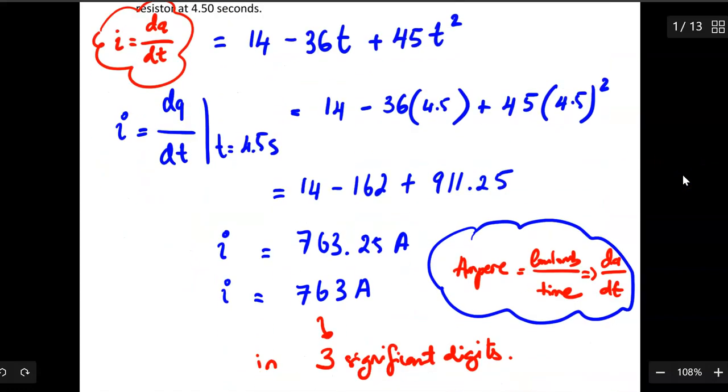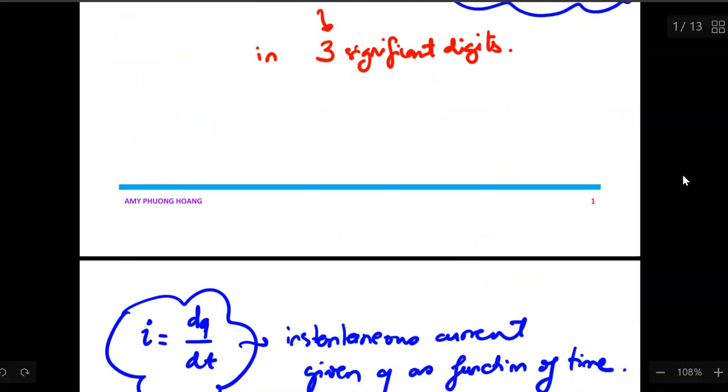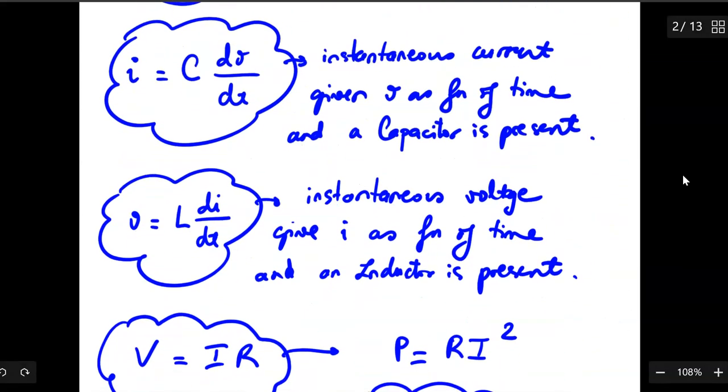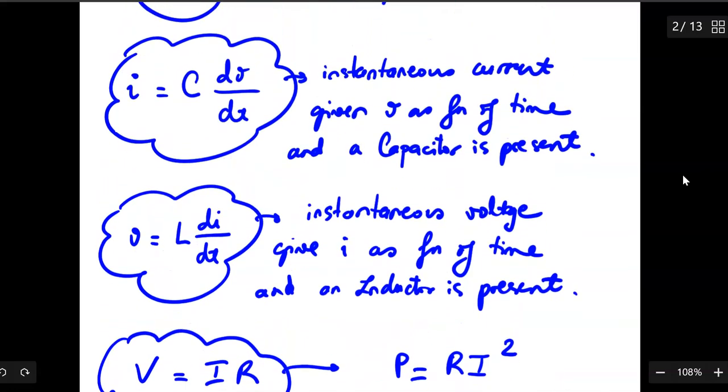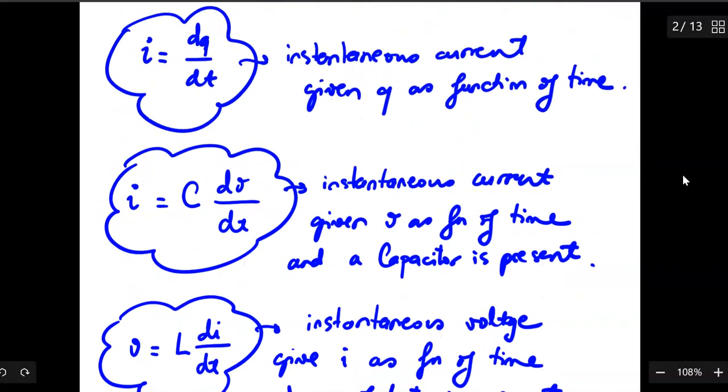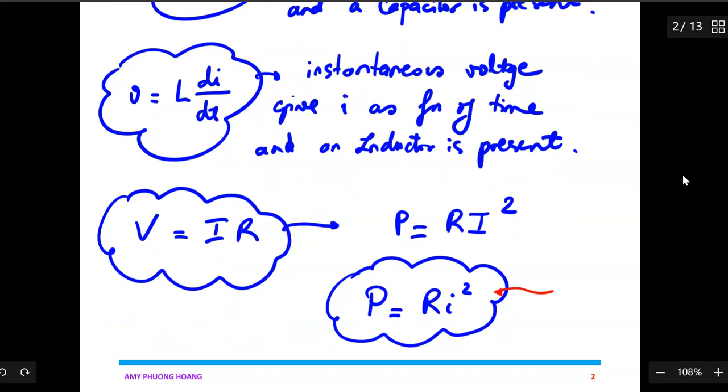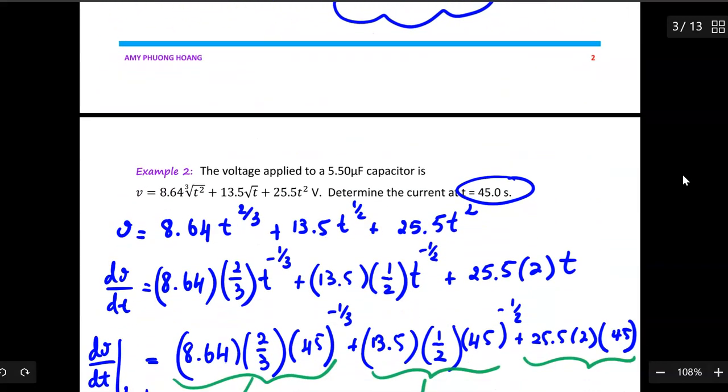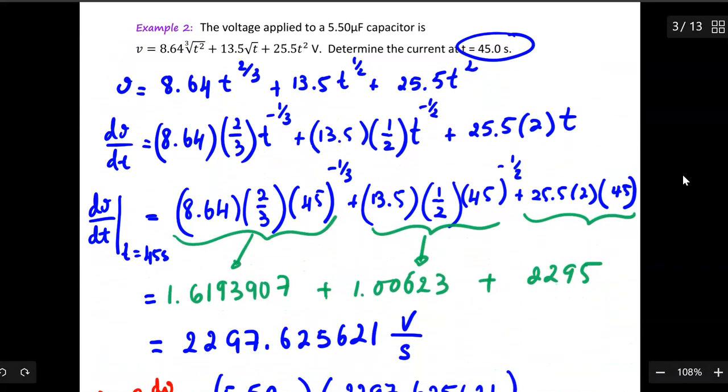And all the reminders have already been put into the last page. Okay, so this one is the difference between all the formulas. Alright, so for this example, I ask you to find the current.